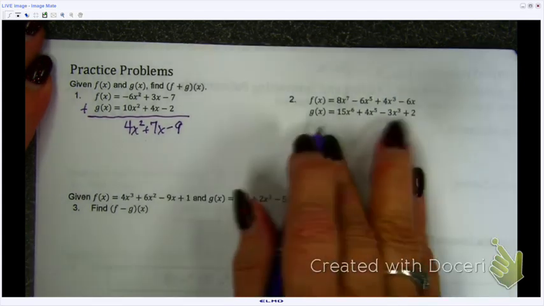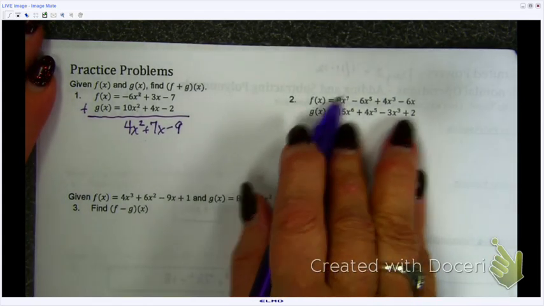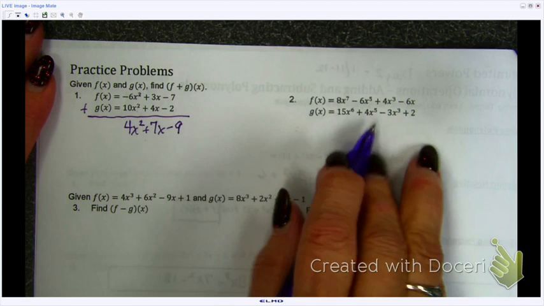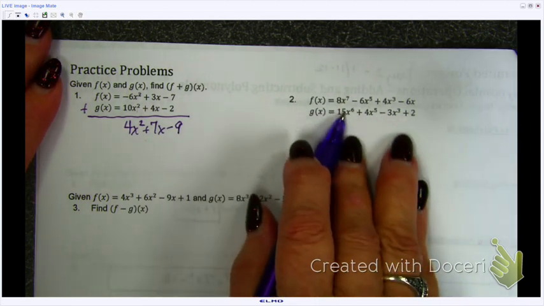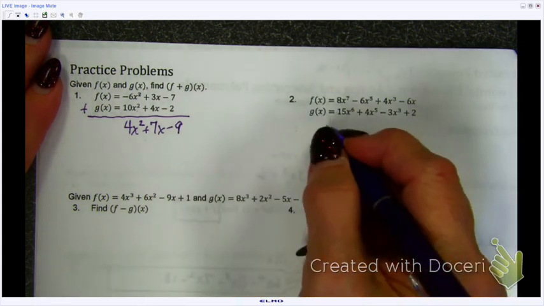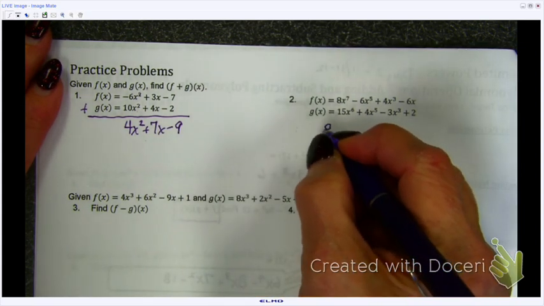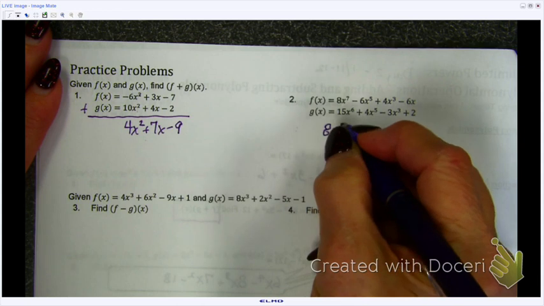But when you look at problem 2, this is x to the 7th, and this is x to the 6th. So you can't add these two together, right? So ideally, we would rewrite everything, 8x to the 7th.